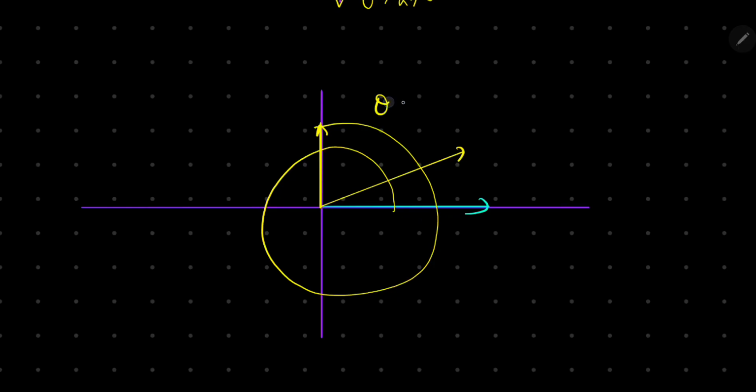So the angle here is 450 degree. If you keep rotating this yellow line, your angle will keep increasing.